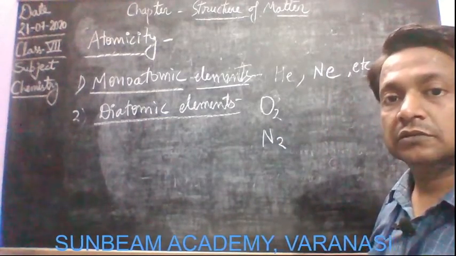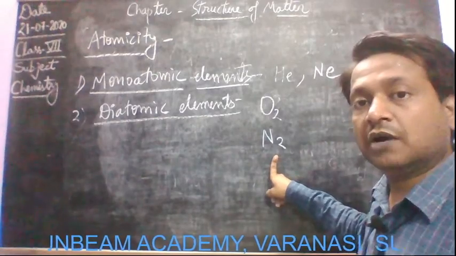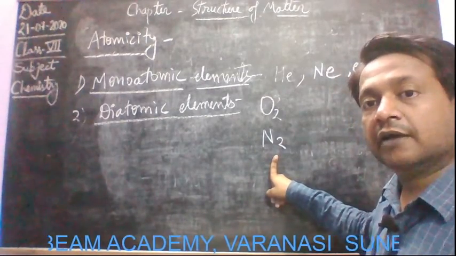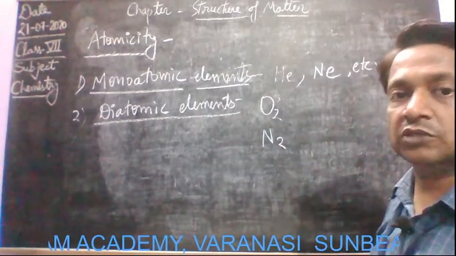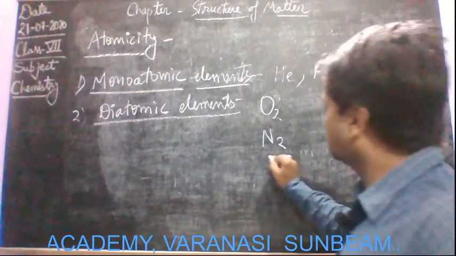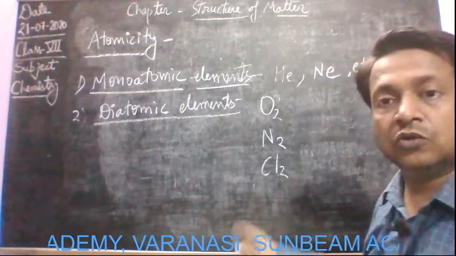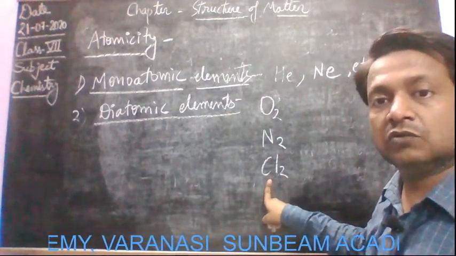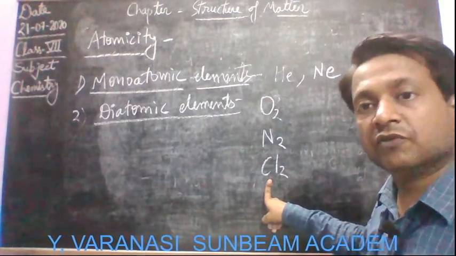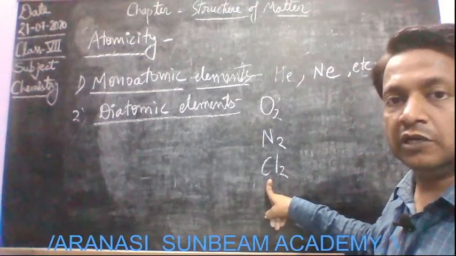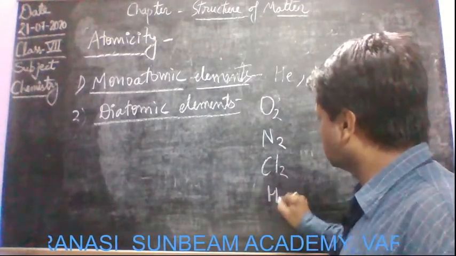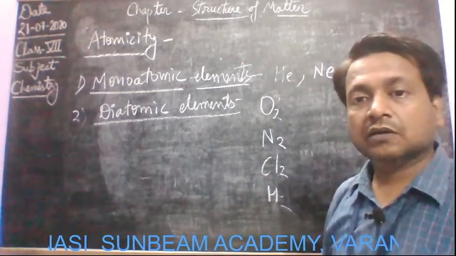Just like that, nitrogen. One molecule of nitrogen has two atoms of nitrogen. Chlorine. One molecule of chlorine is made up of two atoms of chlorine. Hydrogen.